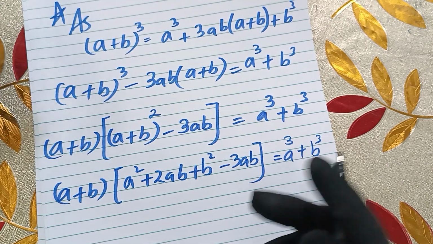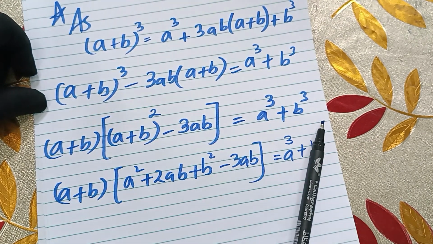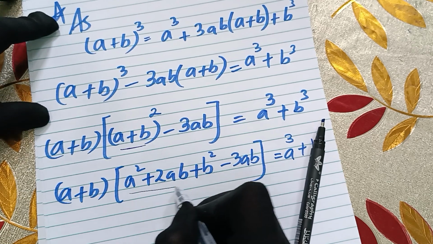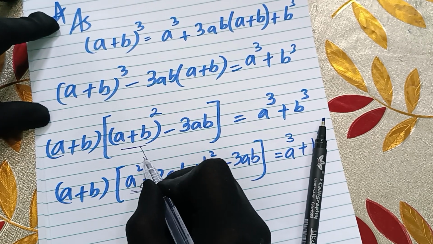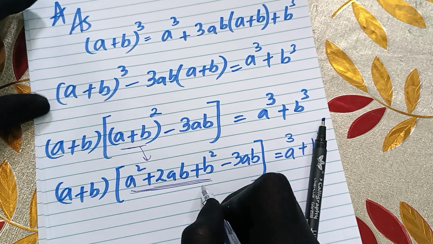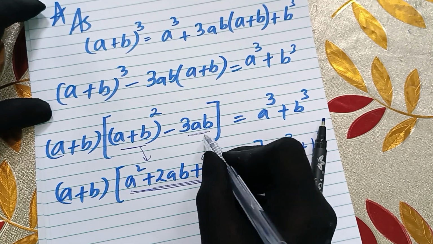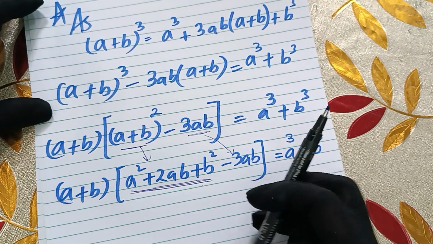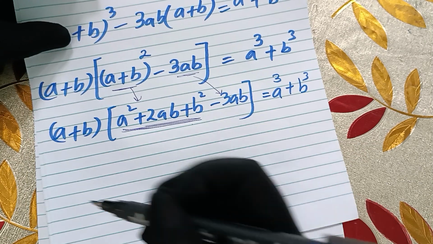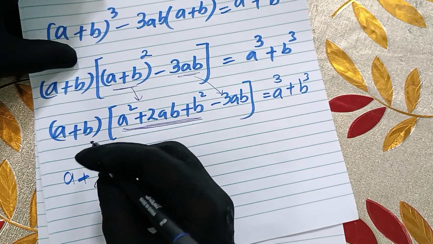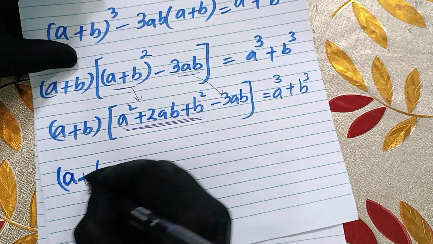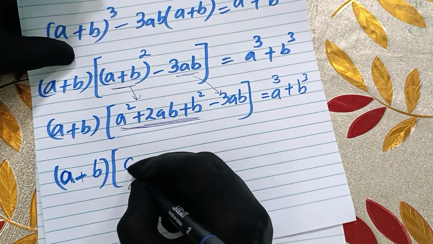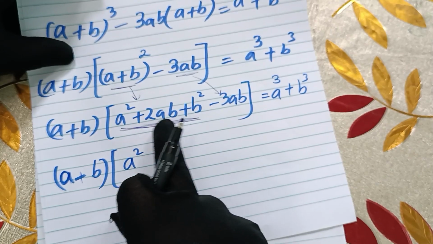What we do? We just open the square of a plus b till here. This is the open form of a plus b whole square, and this is the second term as it is we write. So don't be confused with the term. A plus b times a square plus 2ab minus 3ab.